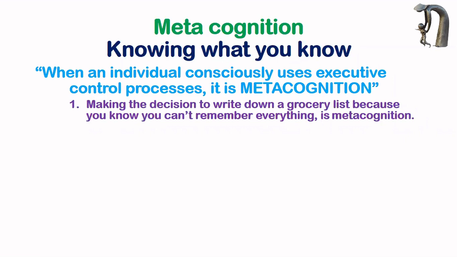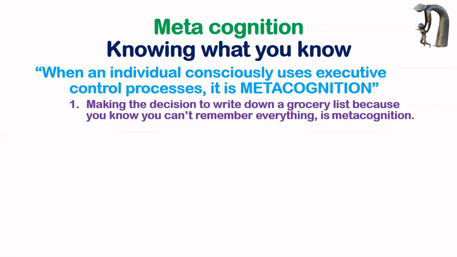You can assess this by observations as well. It helps in making a decision, for example, to write down the grocery list, because you cannot remember everything. So there you use your metacognition.